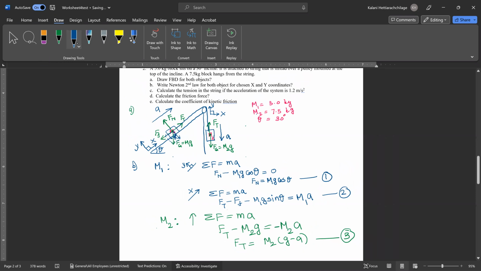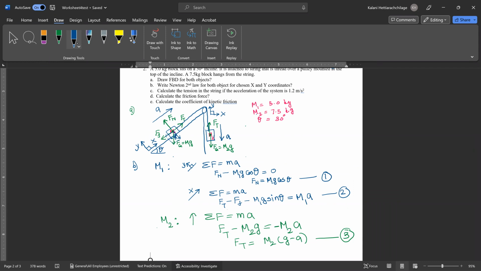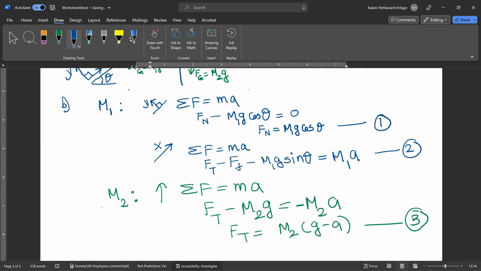Now let's move into part C. Calculate the tension in the string if the acceleration of the system is 1.2 meters per square second. By looking at the formulas that you wrote, you see that I need to calculate the tension force.